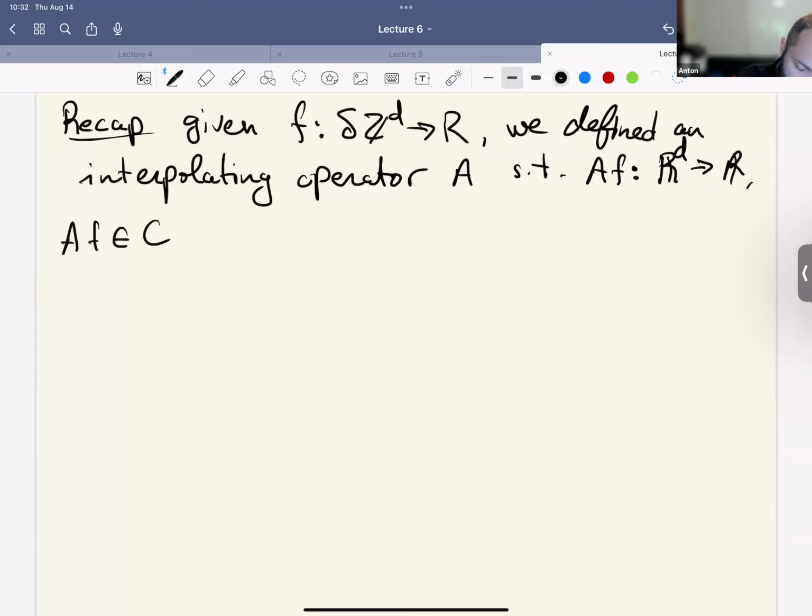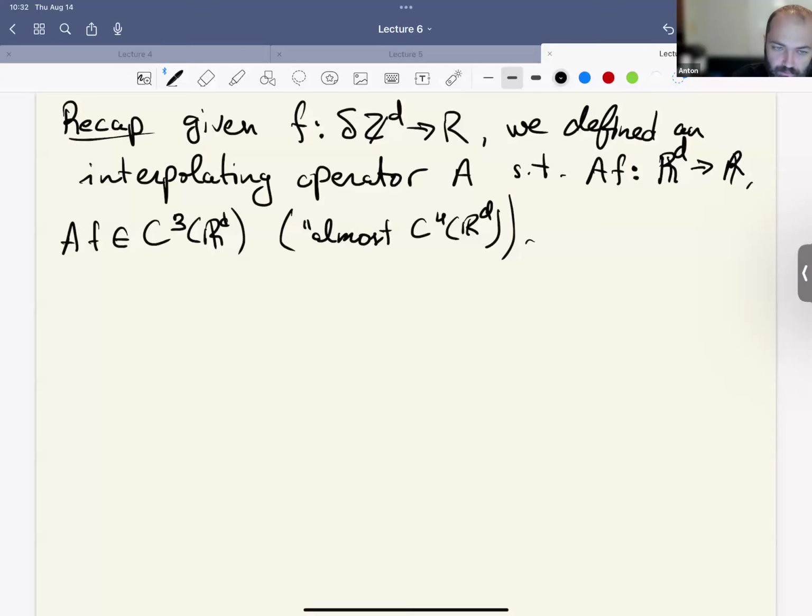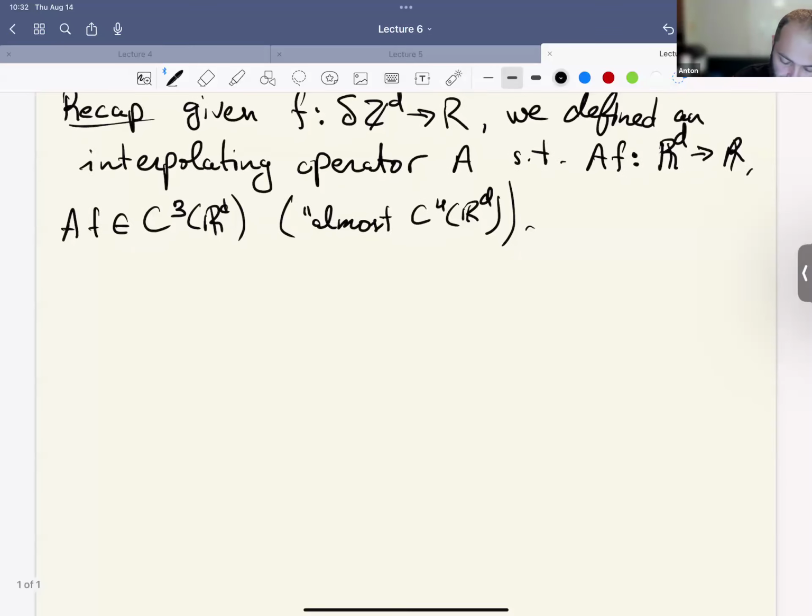Af is C3. Actually, it's almost C4. And my biggest regret is not having the foresight to simply make it C4 from the get-go.